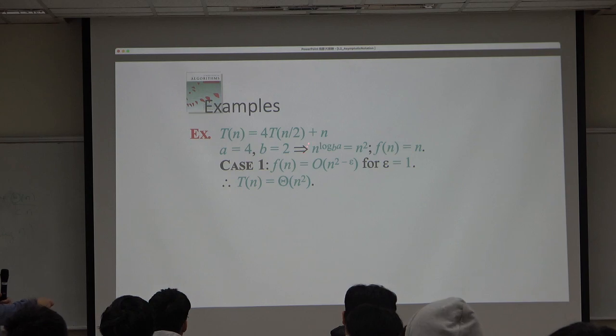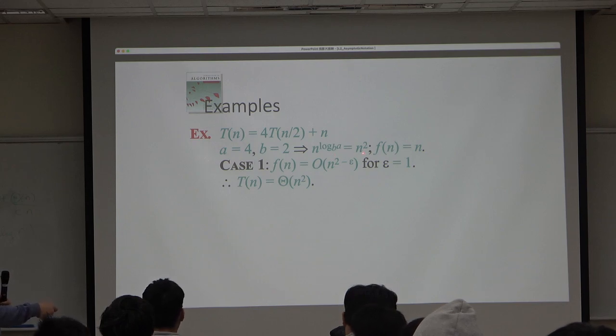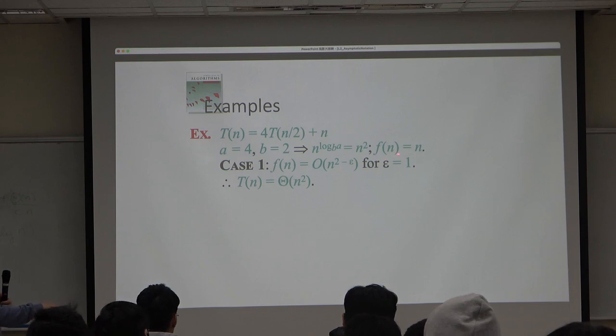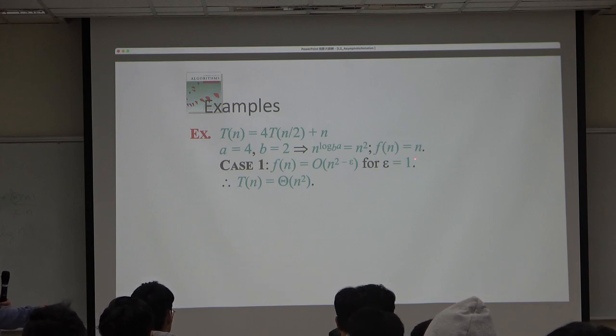When you consider n to the power of log base b of a, it's log base 2 of 4, which is 2. So n squared is a polynomial order higher than your merge cost, which is linear. So it will be case 1.